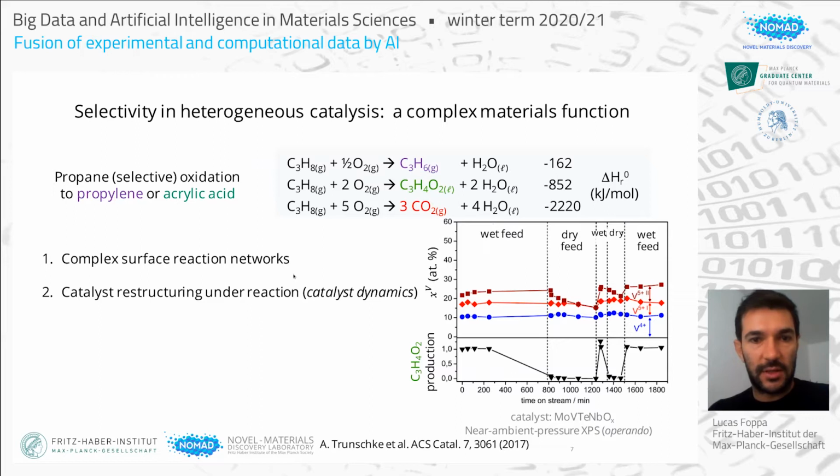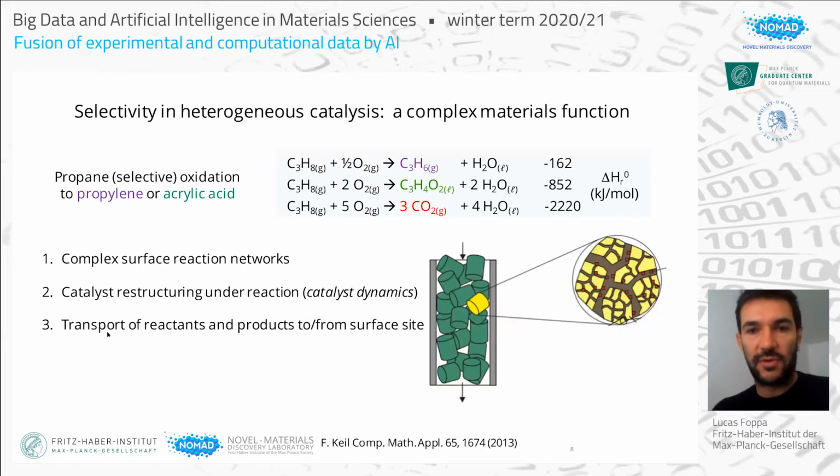Finally, we have to think that these catalysts are normally in pellets, and they are in the reactor. So this is like a representation of a reactor, and the flow goes from the top to the bottom. And inside the solid here, we may have also some barriers for the molecules in the gas phase to get in contact with the active species in the catalyst.